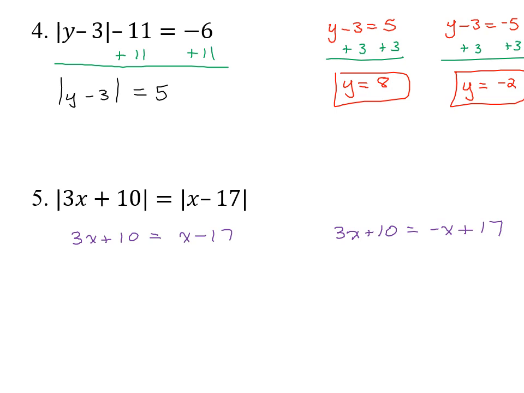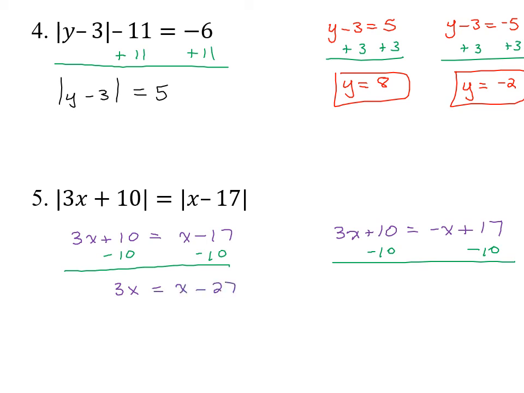And then you just solve it like we've been doing all the other problems. I would subtract the 10 from both sides. And I'll end up with 3x equals x minus 27, or 3x equals negative x plus 7.